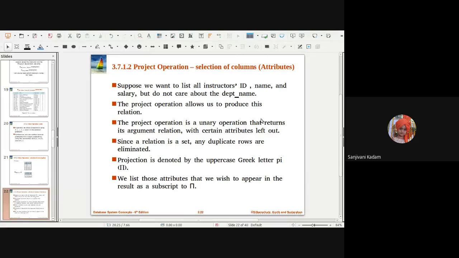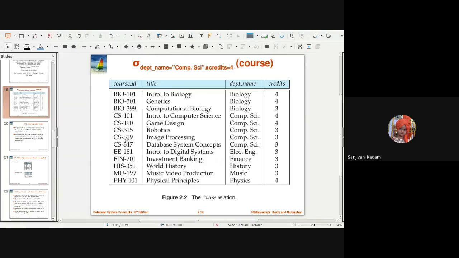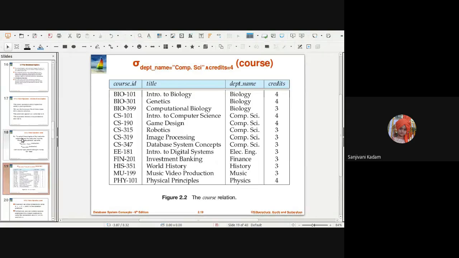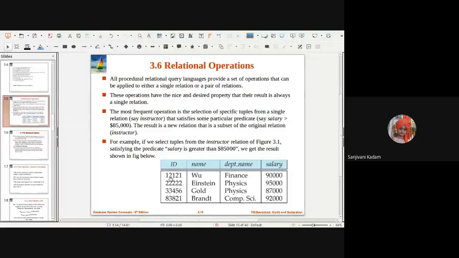Now let us start with the next operation, that is the project operation. Up till now, in whatever examples we have learned, we are listing the complete tuple. It means all the columns we are listing. It might happen that during the query, I may not be interested in giving all the details.